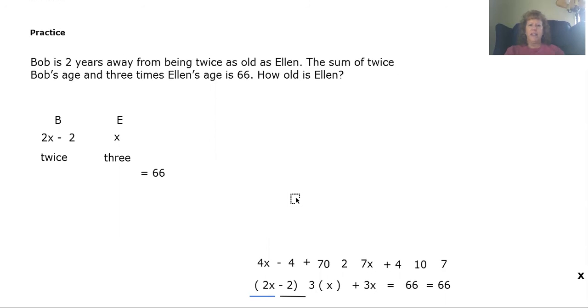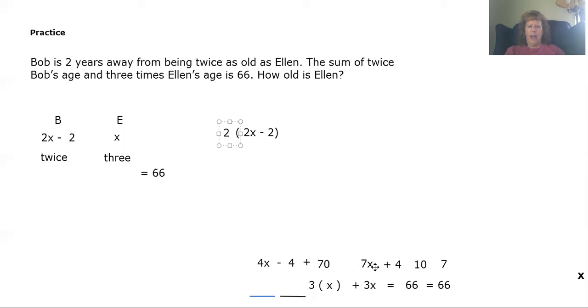So if you want to pause here and see if you can use the remaining amounts to do the solution for the problem, do that now. So our equation for Bob's side was 2x minus 2, and that was going to need to be done twice.